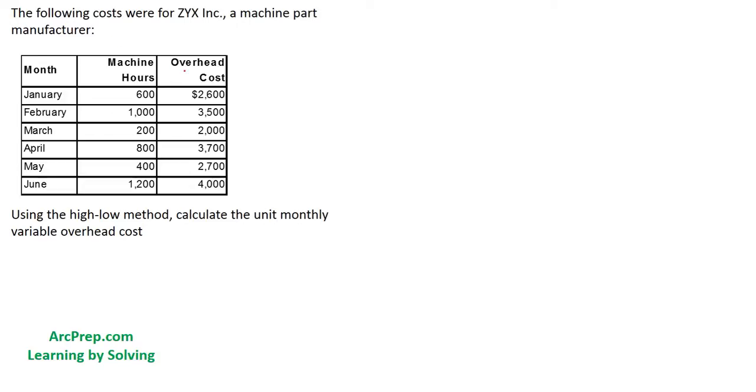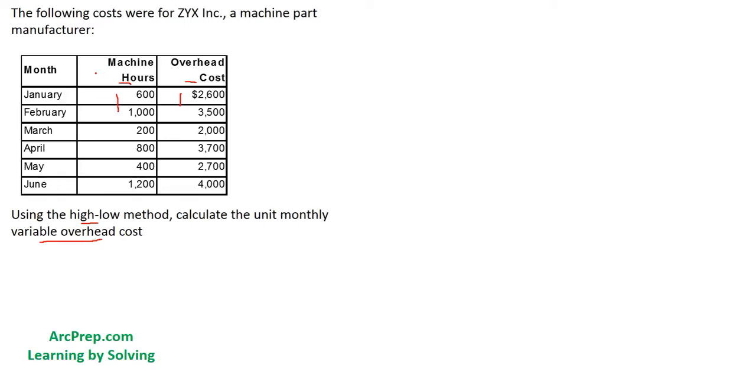We suspect that machine hours is the main driver of overhead cost, and we are going to use the high and low method to calculate the variable overhead cost. What that means is, what is the dollar change for every incremental hour change in machine hours?